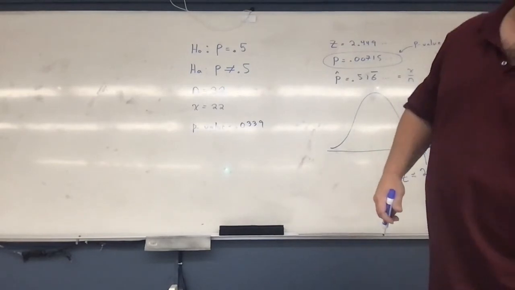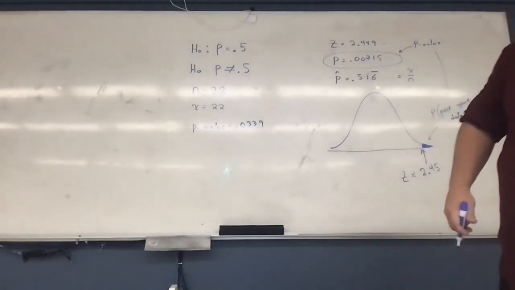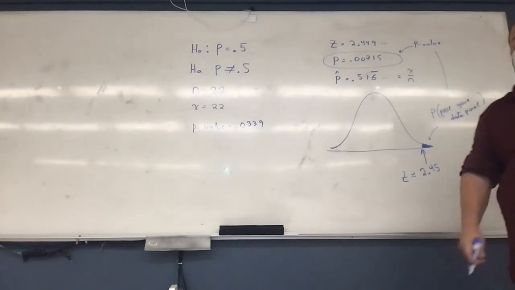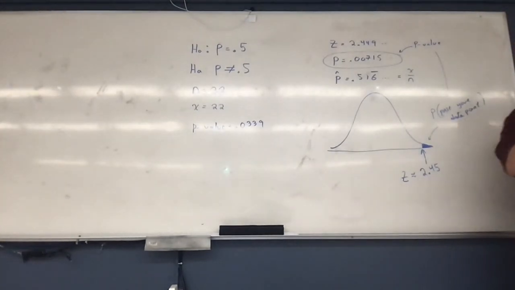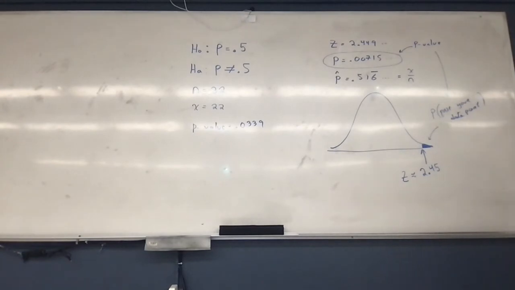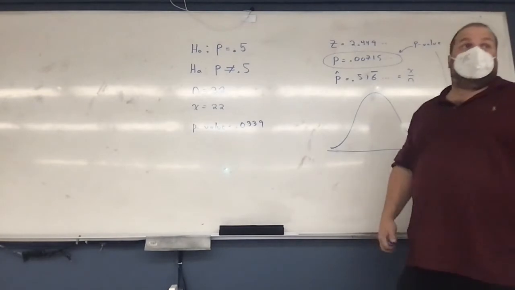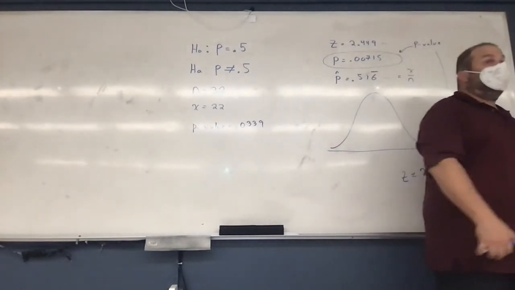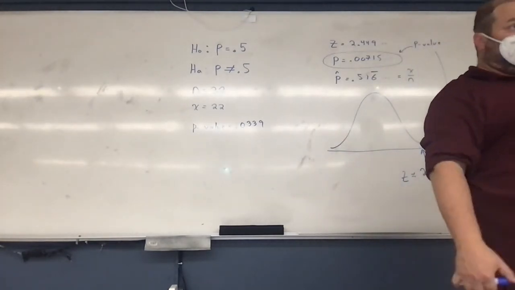As a result, what do we conclude? At the 5% level of significance, we reject the null hypothesis. And apparently, it's not 50%. The data supports the fact that it's not 50-50.